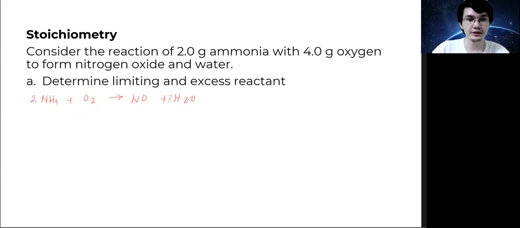Then, since there are two nitrogens, we multiply it by 2. Then we have 5 atoms of oxygen, the same thing, so we multiply by 2. That is now the balanced chemical equation.